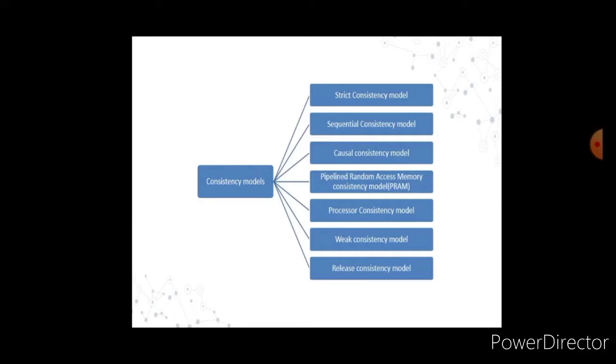Acquire is used to tell the system it is entering the critical section, and release is used to tell the system it has just exited the critical section. Acquire results in propagating changes made by other nodes to the process's node, and release results in propagating changes made by the process to other nodes.